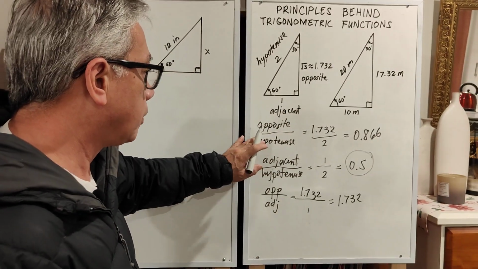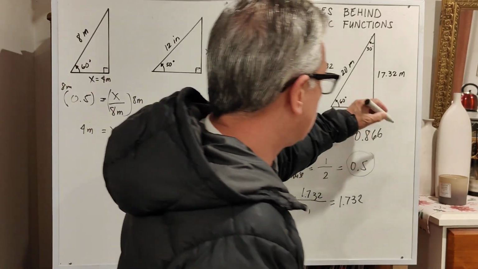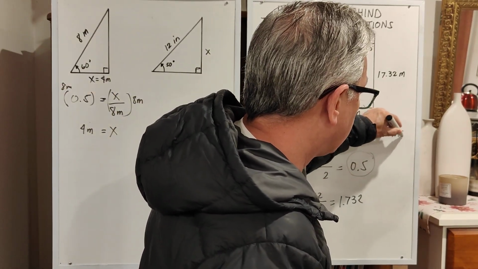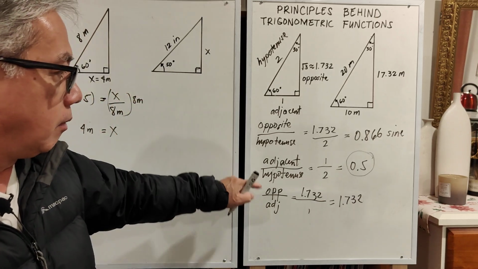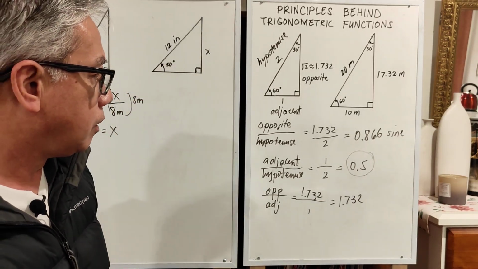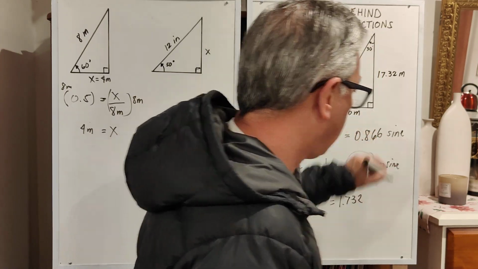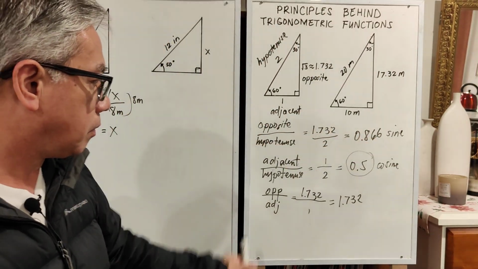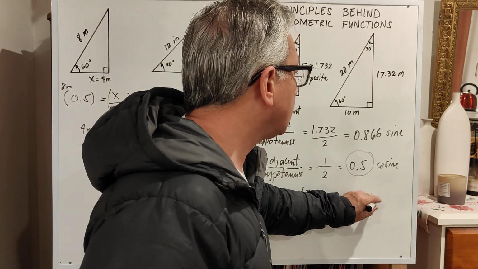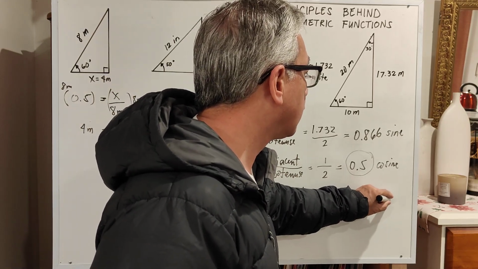Opposite over hypotenuse, they call the sine function. The ratio of the adjacent over hypotenuse, they call the cosine function. And the ratio of the opposite over adjacent, they call the tangent function.